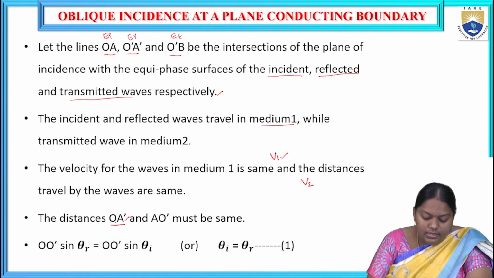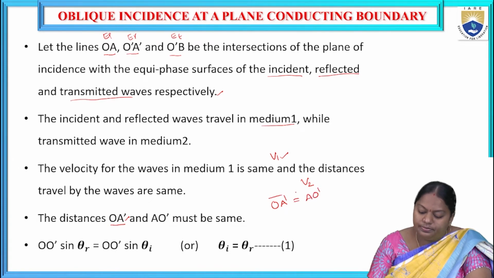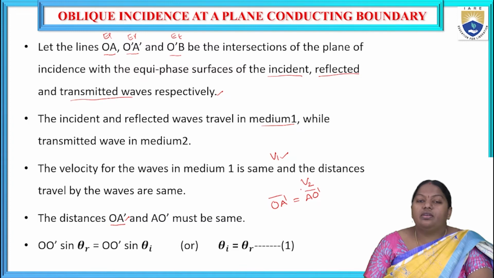So here the distance OA dash is the same as the AO dash distance. Incident and reflected waves are traveling in the same medium, so their velocities are the same. If their velocities are the same, the distances traveled, from A to O dash and O to A dash, are the same.